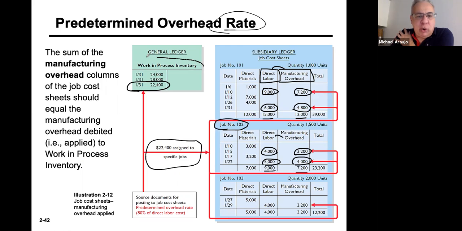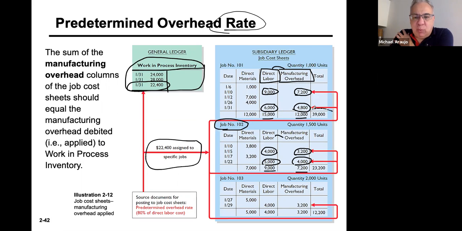Your total work in process inventory would be the total on the debit side for raw materials and labor and overhead. It's allocated accordingly.